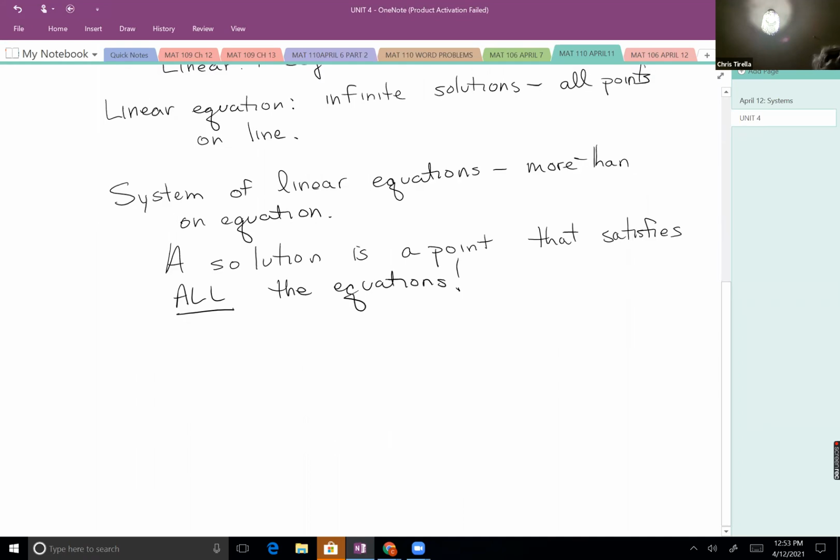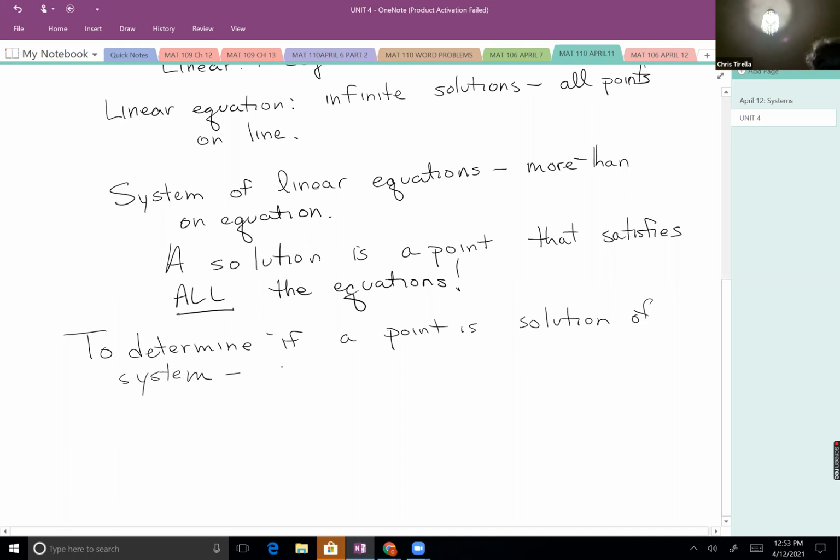The first part of homework 8.1 asks you to determine if a point is a solution. To determine if a point is a solution of a system, we have to check by substituting the point into all the equations.